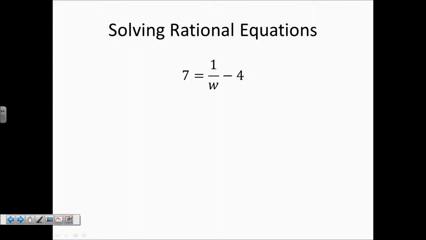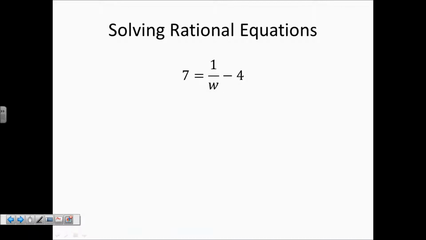Alright, so let's go ahead and start looking at solving a rational equation. Now, I know what keeps you up at night, what sends you screaming into the darkness is fractions. So the fact that we have a fraction right here is probably making you pretty uncomfortable. Well, let's make it so that we don't have this fraction by getting rid of it.